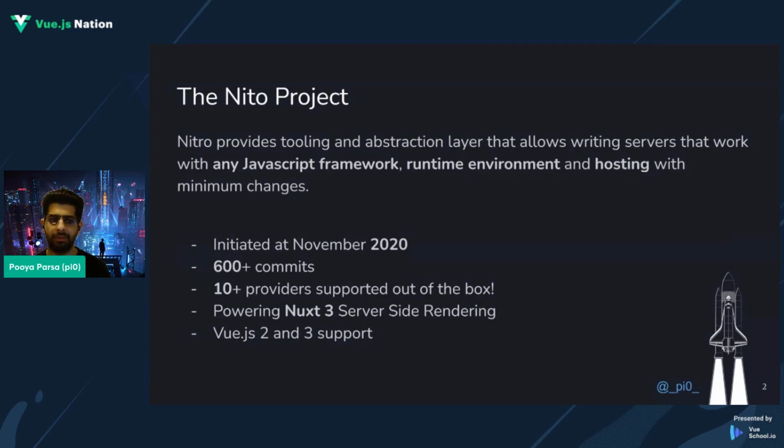Today, Nitro provides more than 10 environments to be deployed on, which all of them are available for Nuxt 3 users. And it's also powering the Nuxt 3 server-side rendering using a custom solution that you will see later on for Vue.js version 2 and 3, which actually makes it possible to use it for Nuxt projects even today.